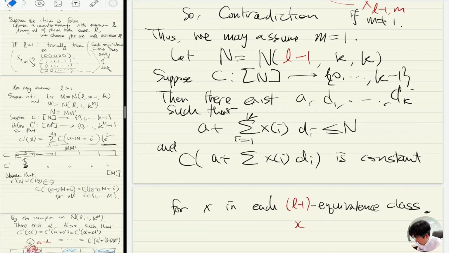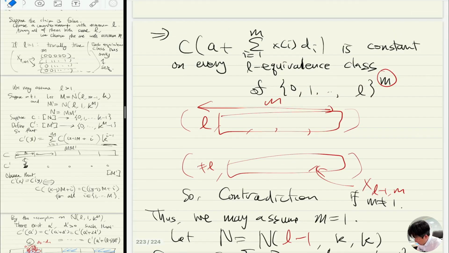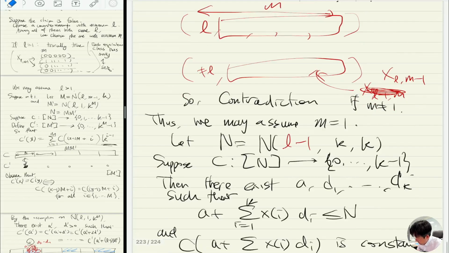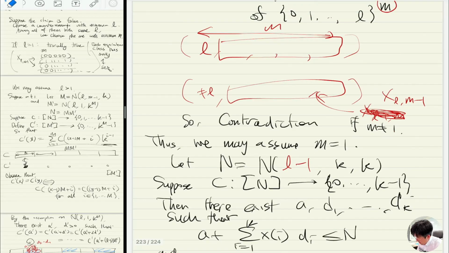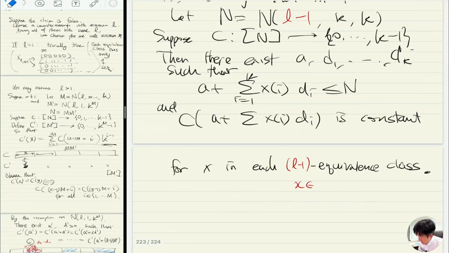Right, so this is actually x L minus 1 m. The length is m; I was confused here. All right, so the xi are numbers from 0 to L minus 1, right?